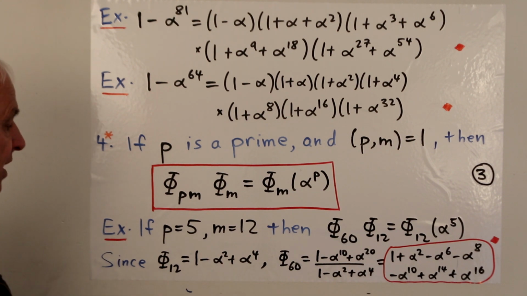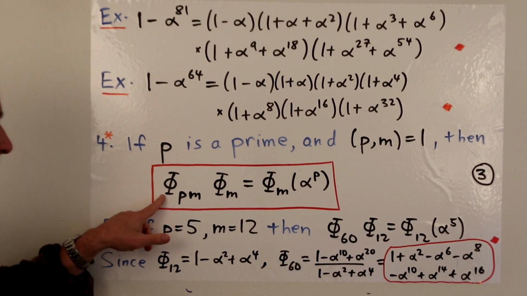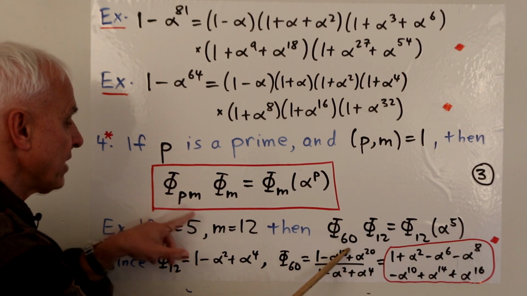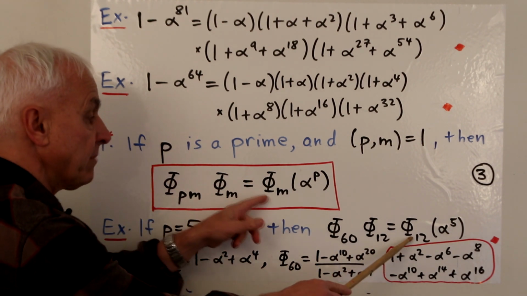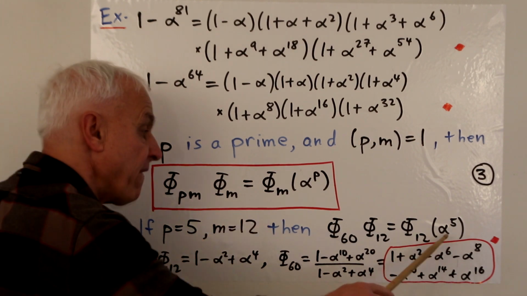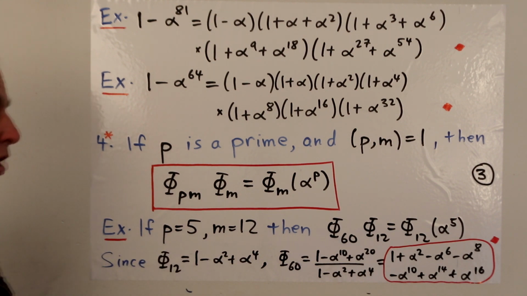So for example, suppose that p is 5 and m is 12. Maybe we're interested in calculating phi sub 60. The rule says phi sub 60 times phi sub 12 should be equal to phi sub 12 evaluated at alpha to the 5. 5 is the prime. Okay, what is phi sub 12?